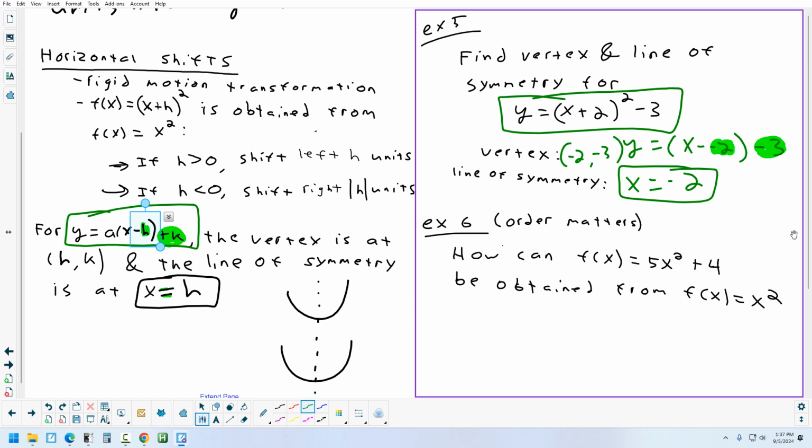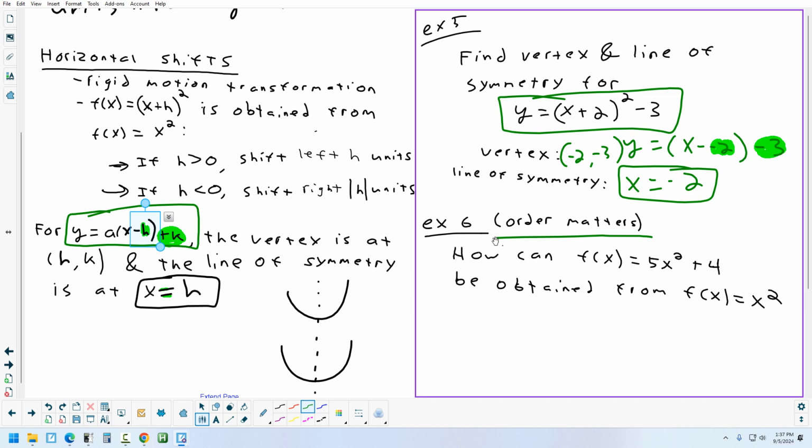All right. So now I want to describe the transformations here, but I got to start to talk a little bit about the order. The reason the order matters is, well, watch what happens. Let's pick a number for x. Let's say x is 2. I want to multiply by 5 and add 4. And let's do it 2 different ways and see if we get the same answer. If you take the number 2 and multiply by 5, what do you get? 10.